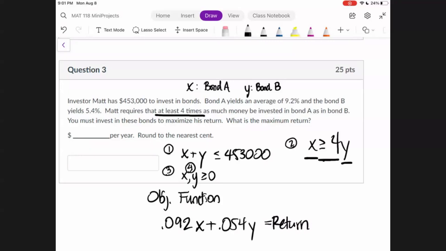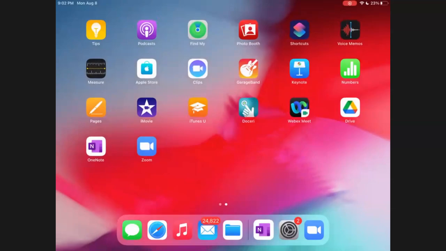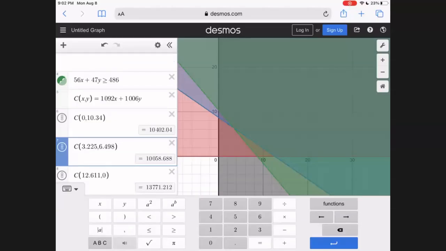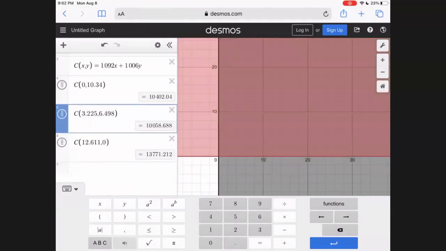So we could do a very similar thing that we did before in Desmos. So take a picture of any of your equations that you need, and let's go over to Desmos. So we see here, I'm just going to start deleting some of these.